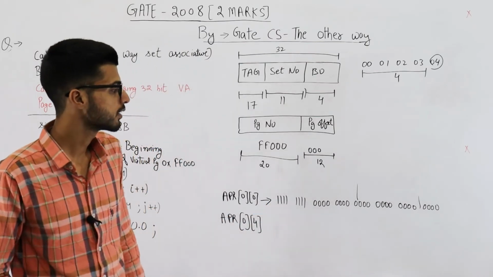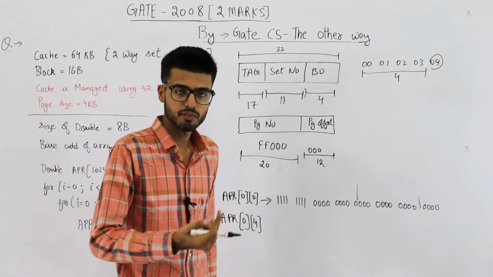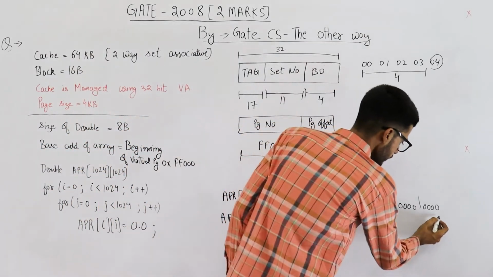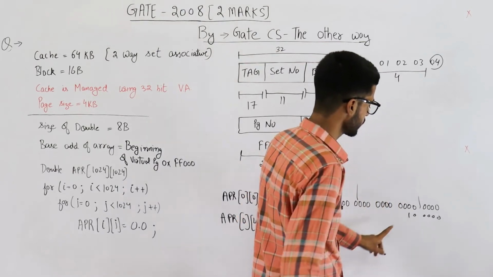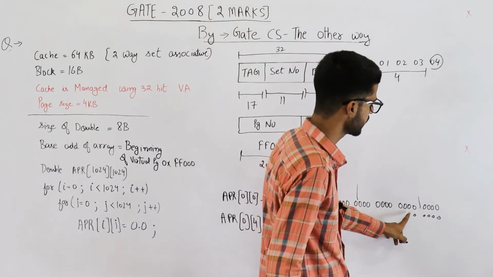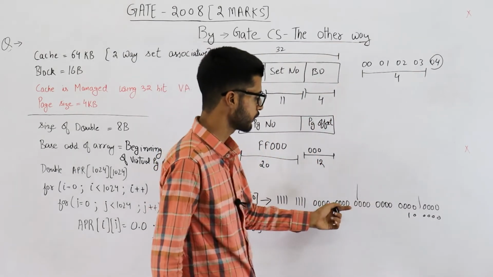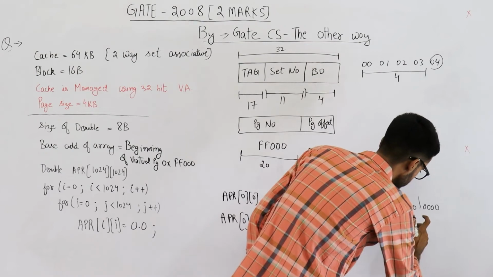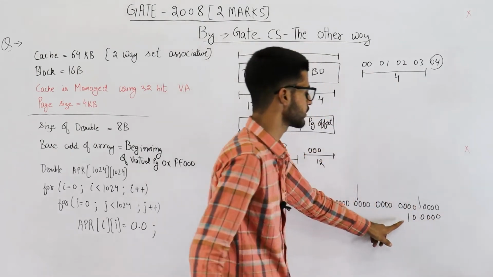32 will be 1 on the 5th position from the right hand side. That means 0, 0, 0, 0, 0, 1. So this one will be a 1, and the rest will all be zeros. If you add this number into this, let me just write it properly. So this is 32 in binary.